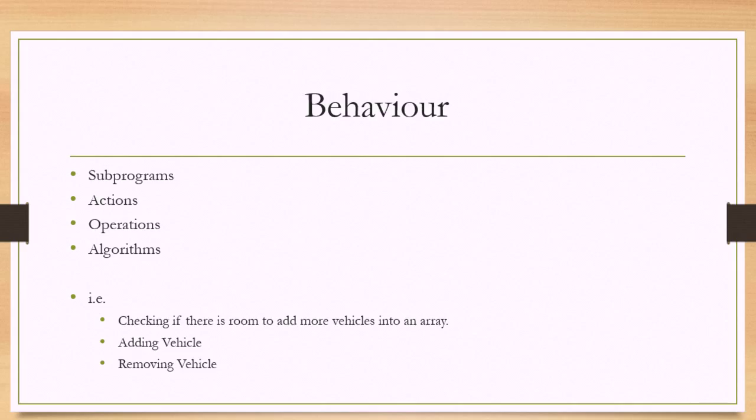So if I want to add another car in, I have to make sure that there aren't already 10 there. Or just adding the car, removing the car, that's also a form of operation, or an action that's being taken care of in a subprogram in the class, so that's considered a behavior. Any form of algorithm that goes on within a subprogram in a class is a behavior.